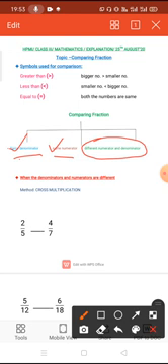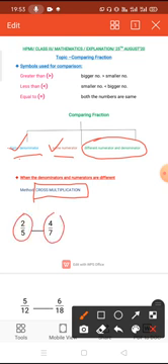Here the process by which we will identify the greater fraction or the smaller fraction is cross multiplication. Okay, the method is called cross multiplication. You can see that I have taken two fractions here.